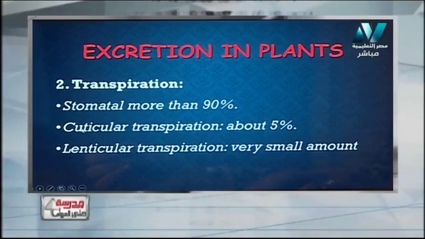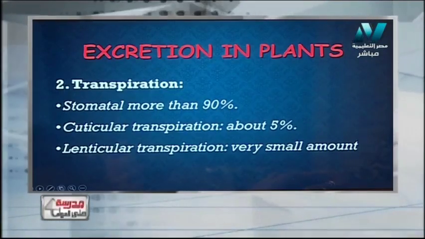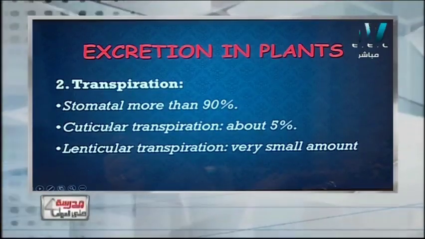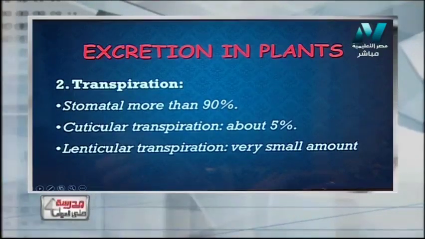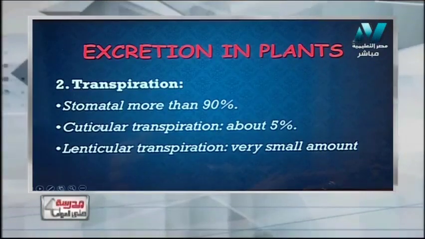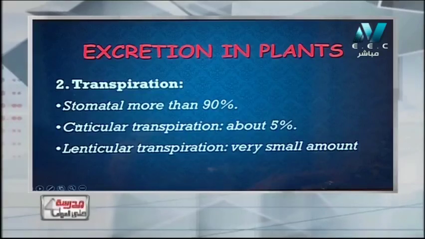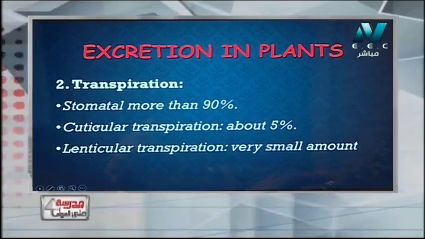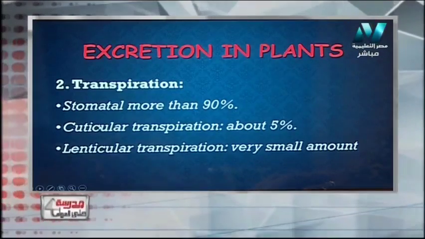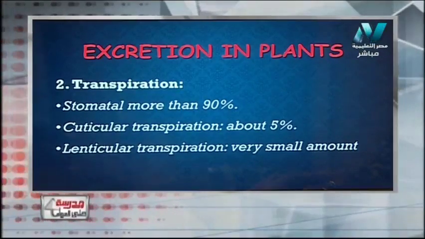The other location where the water vapor comes out from is the cuticle layer. The cuticle layer, as you remember, covers the outer surface of the epidermal cells in the leaves and in the stems of herbaceous plants.